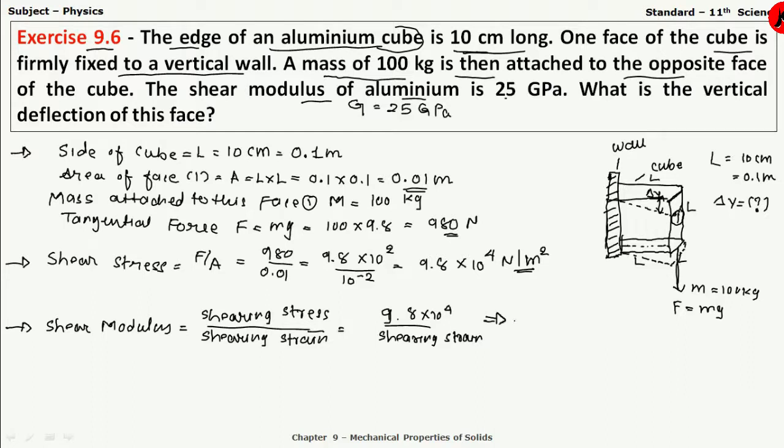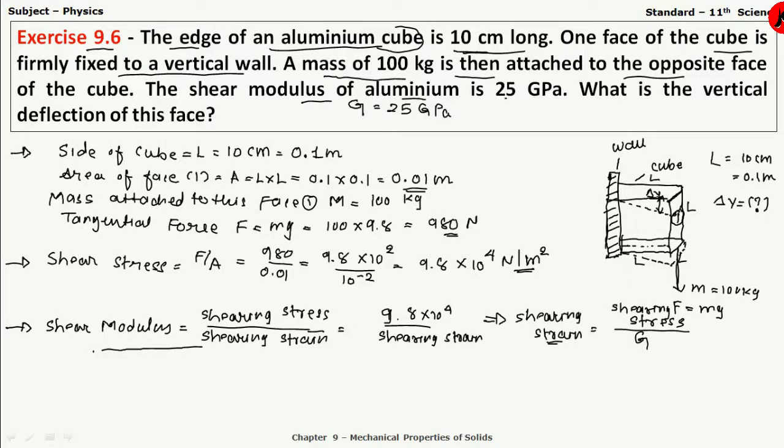So in the form of shearing strain, we can write this equation: shearing strain equal to shearing stress divided by the shear modulus, which is G, right. So we have the equation for shearing strain, which is equal to shearing stress divided by G, right.